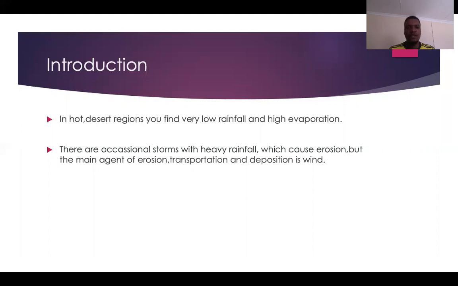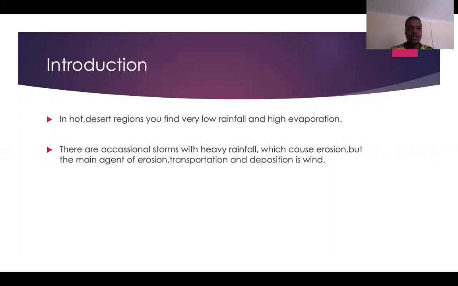So that means the amount of rainfall that we expect each and every year is low. But however, we have high temperatures. That means also we have high evaporation. So this basically suggests that the kind of erosion or transportation processes that we're going to have will not have much to do with rivers, because we don't have a lot of rains, though we do have some rivers.